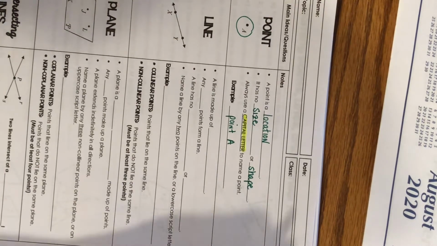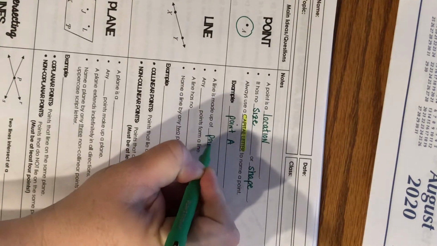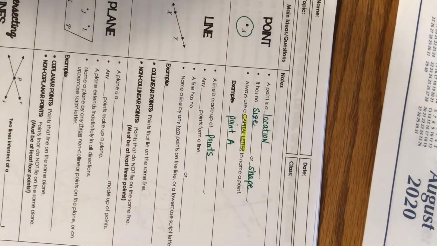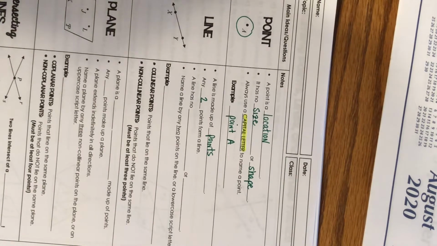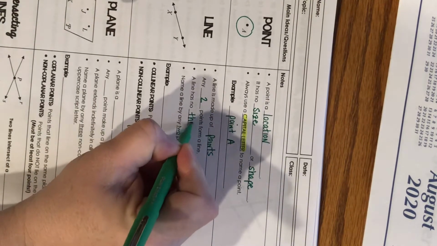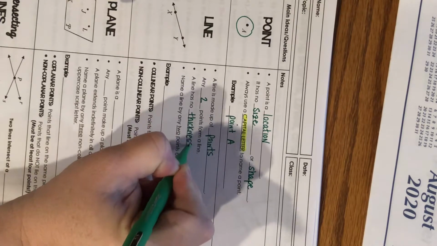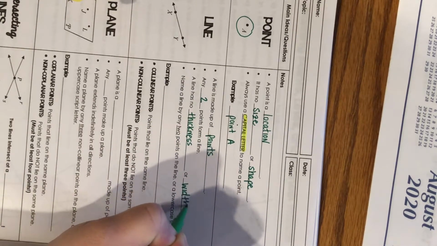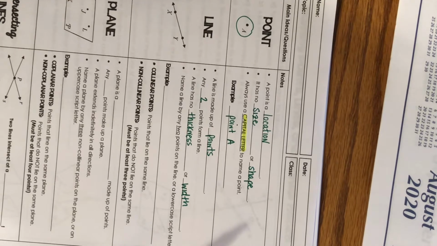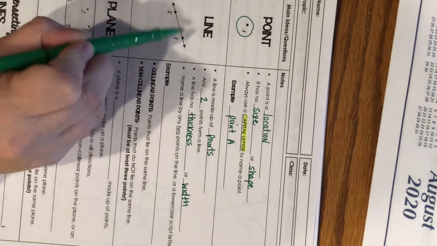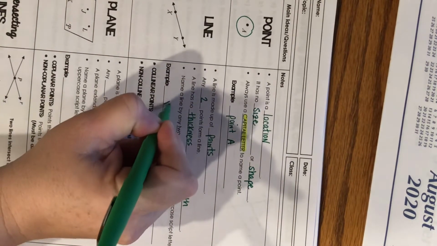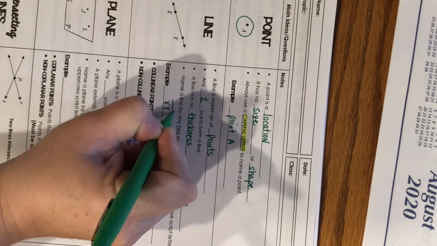All right, next one is a line. A line is made up of points. Any 2 points form a line. A line has no thickness or width. You name a line by any 2 points on the line or a lowercase script letter. So for example, this line right here, you can name with 3 things. We can say XY with the line symbol.